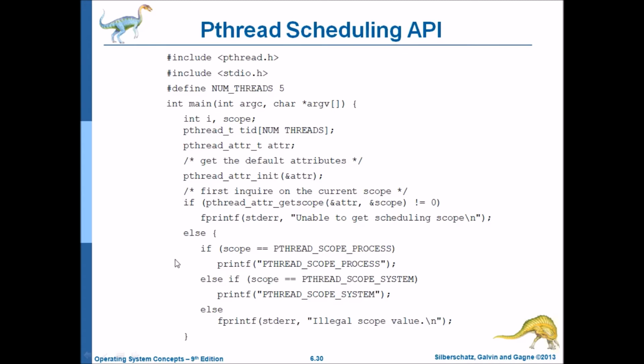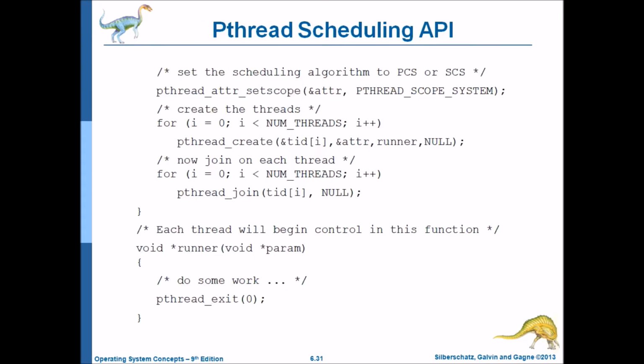So this part here determines the existing contention scope, this if else, and then here it sets it to PTHREAD_SCOPE_SYSTEM.